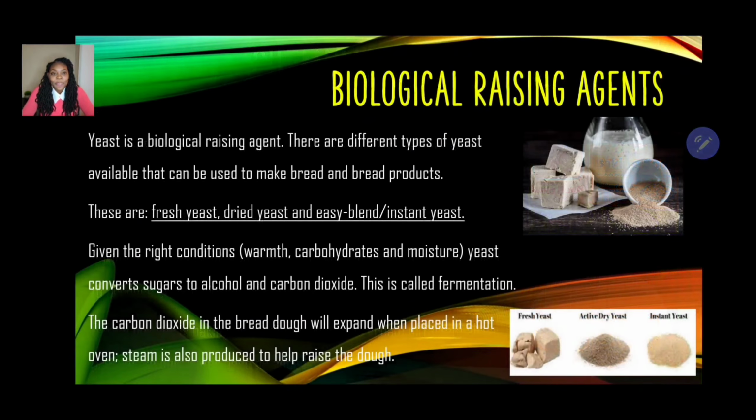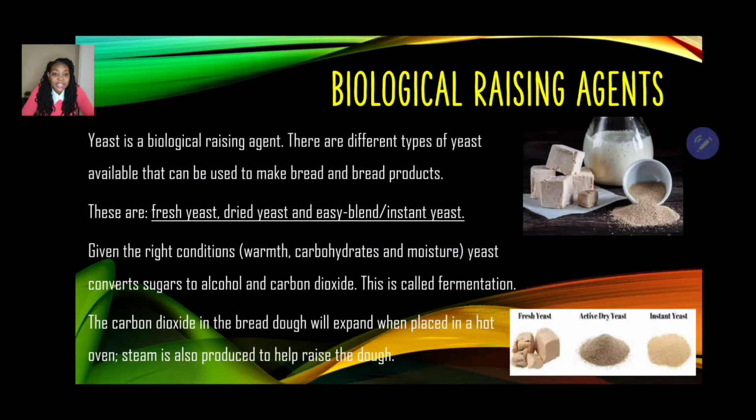All right. Now, the next classification that we're looking at is biological raising agents. Yeast is a biological raising agent. There are different types of yeast available that can be used to make breads and bread products. Examples of these yeasts are fresh yeast, dried yeast, and instant yeast, or we may say easy blend, right?